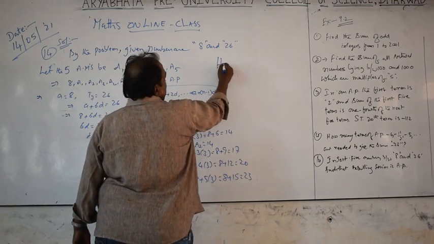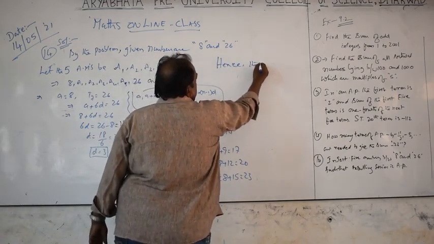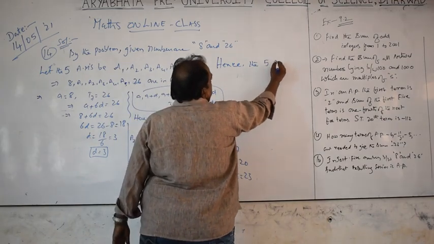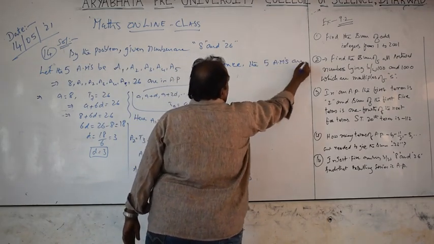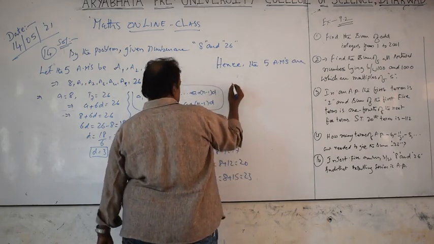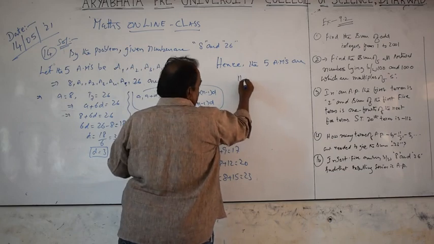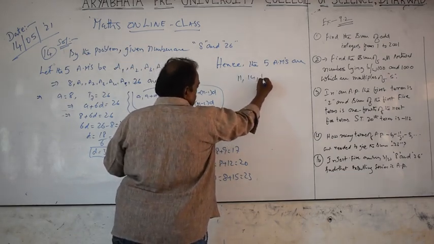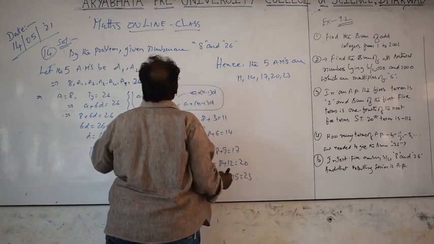Hence, the 5 arithmetic means are 11, 14, 17, 20, 23.